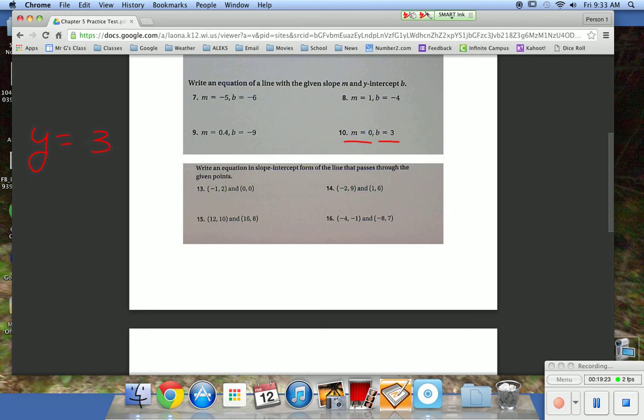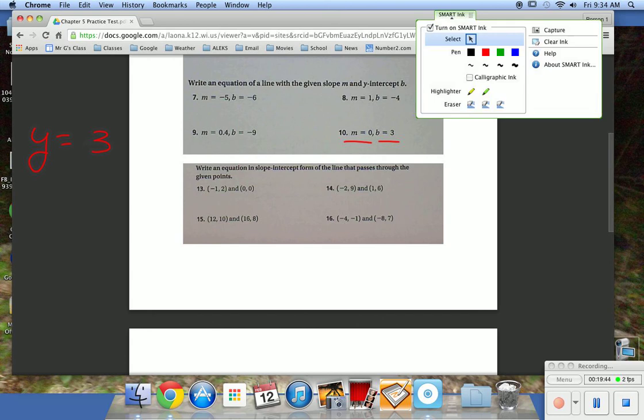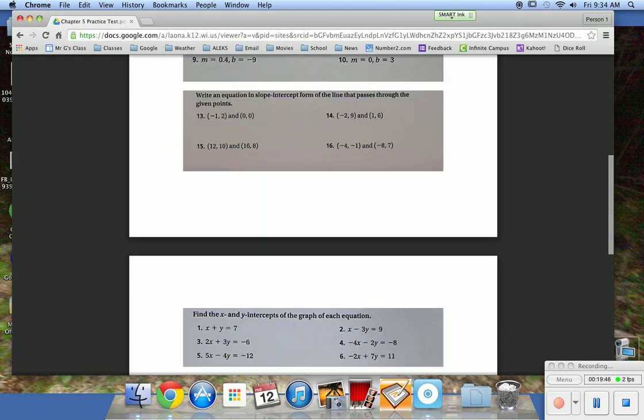You don't know? I got m equals 0, b equals 3. Because 0 plus 3. M is 0, so 0 times x is 0, so we don't have to put that in there. It's just 3. Y equals 3. All right, good job. All right, let's get into a little bit more difficult ones.